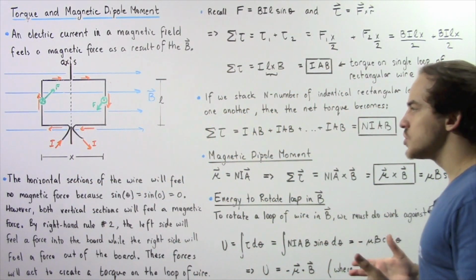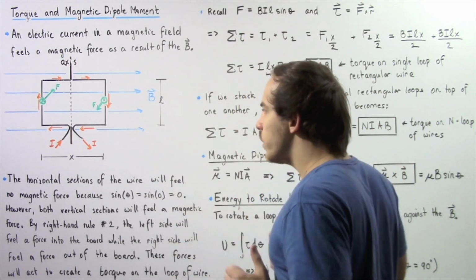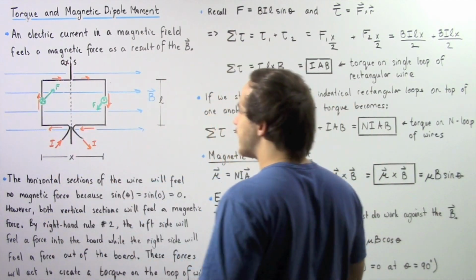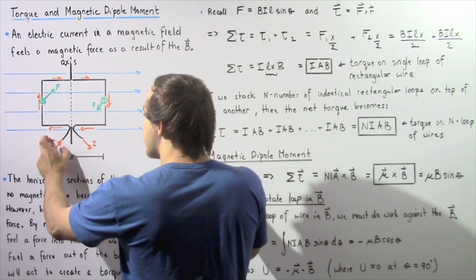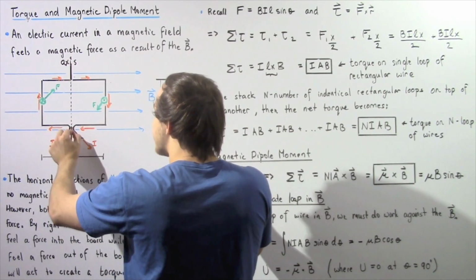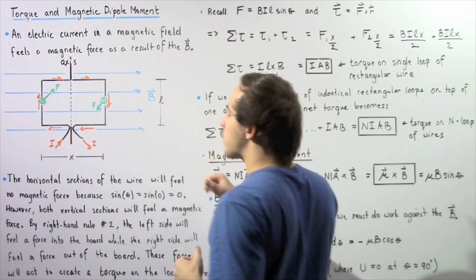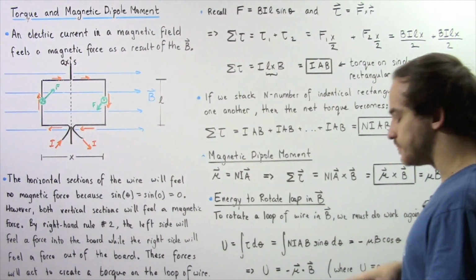Let's suppose we take a rectangular loop of wire in which we have an electric current and place it into our magnetic field as shown. Notice our electric current begins on this end, travels through our wire, and exits at this end. These orange arrows represent the direction of our electric current within our conducting wire.